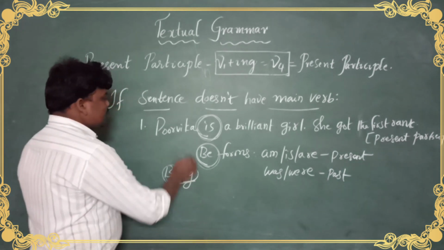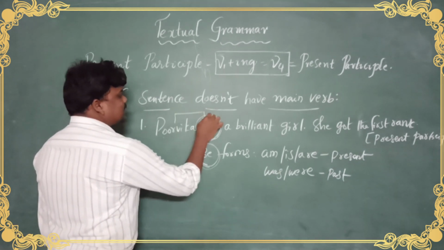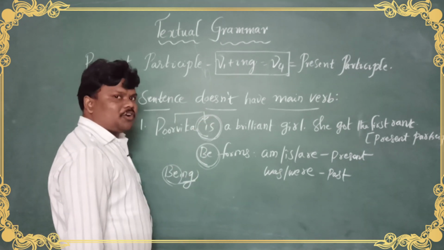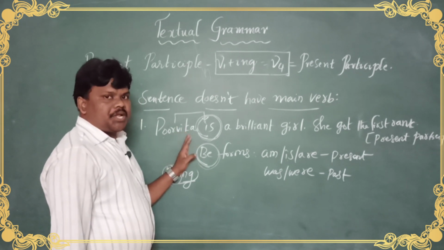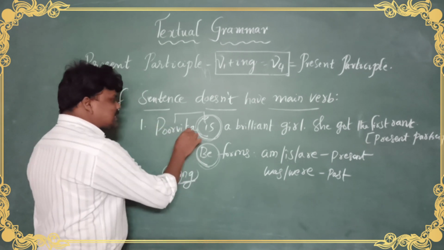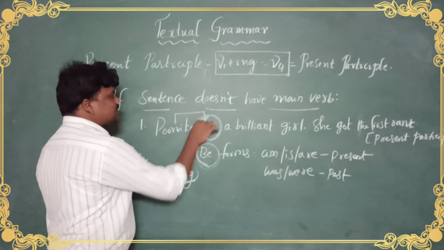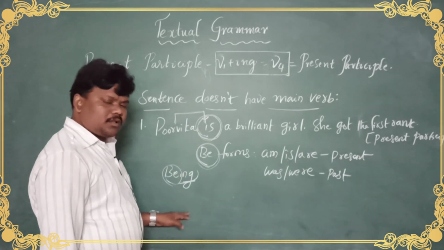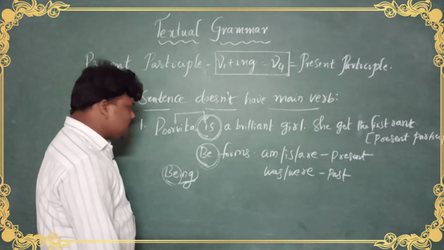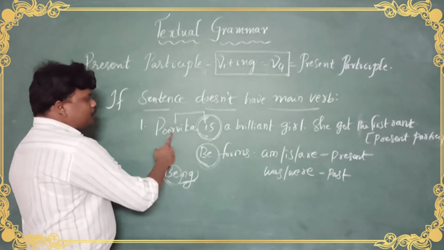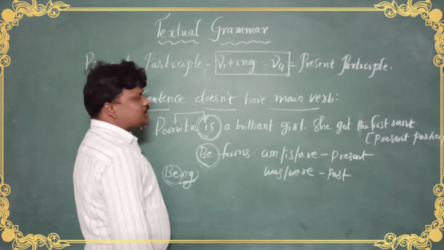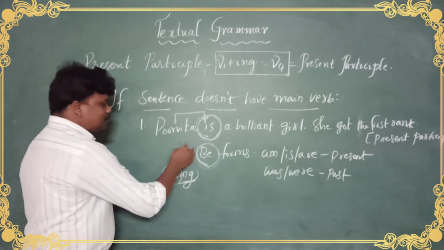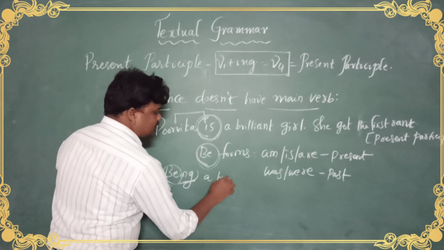Right. If the first sentence doesn't have any main verb after the subject, if the first sentence has a helping verb after the subject without any main verb, then try like this. Being, compulsory. So the sentence is Purvika is a brilliant girl, full stop, she got the first rank. Now the answer is being a brilliant girl.